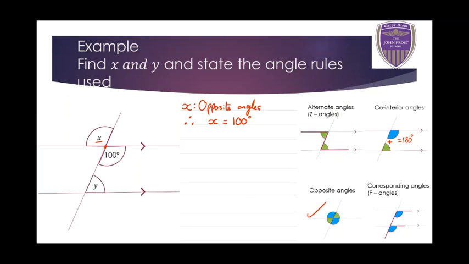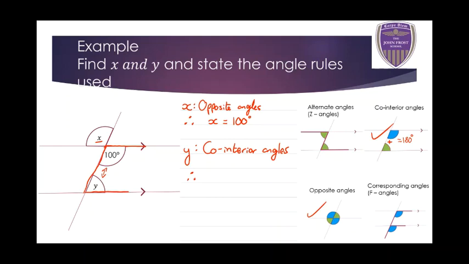Okay, now to find angle y, I can see that they're both in this sort of C shape and they're both vertically opposite each other. Okay, so that must mean we're going to be using the corresponding angle rule. Oh, sorry, not corresponding, co-interior angle rule. Okay, so co-interior angles.